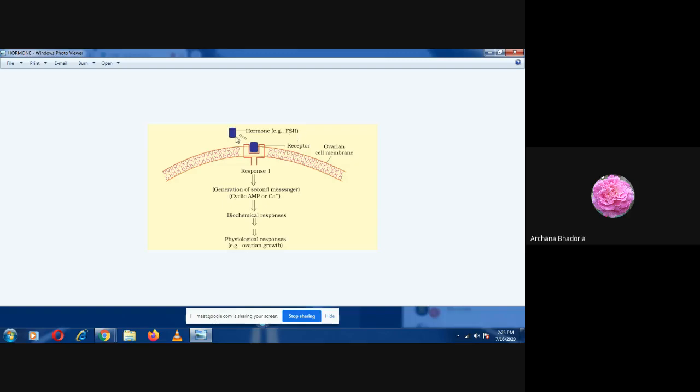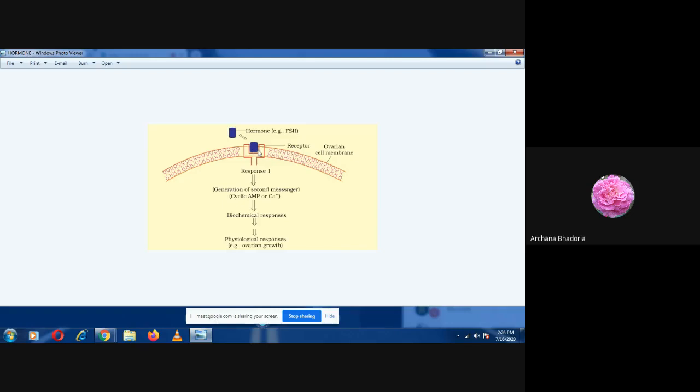So this hormone molecule will bind to the receptor present in the cell membrane of the target organ. And the target organ of the FSH is the ovary. So the ovary cells will have the cell membrane, and that cell membrane has the receptors for this protein hormone.